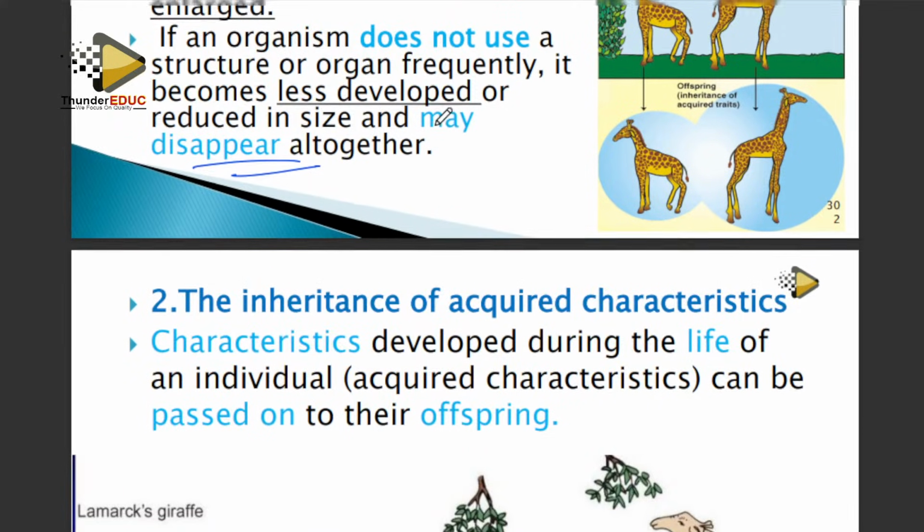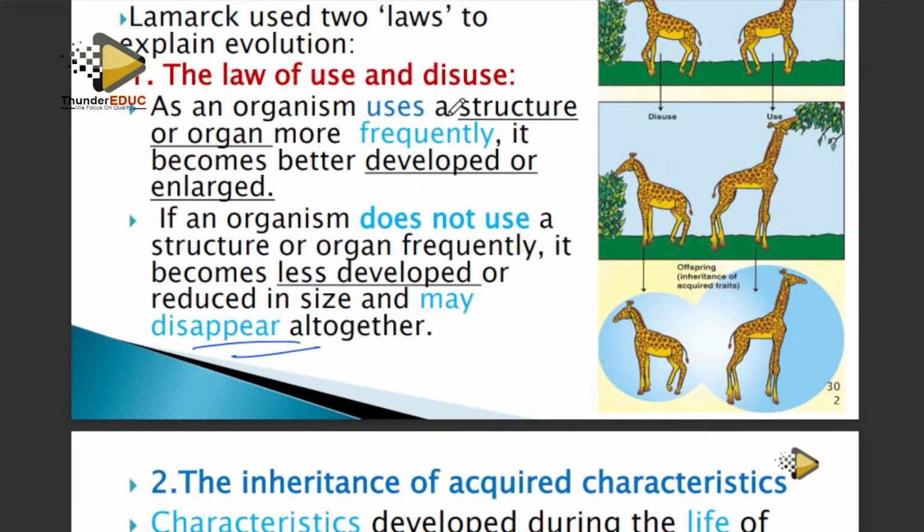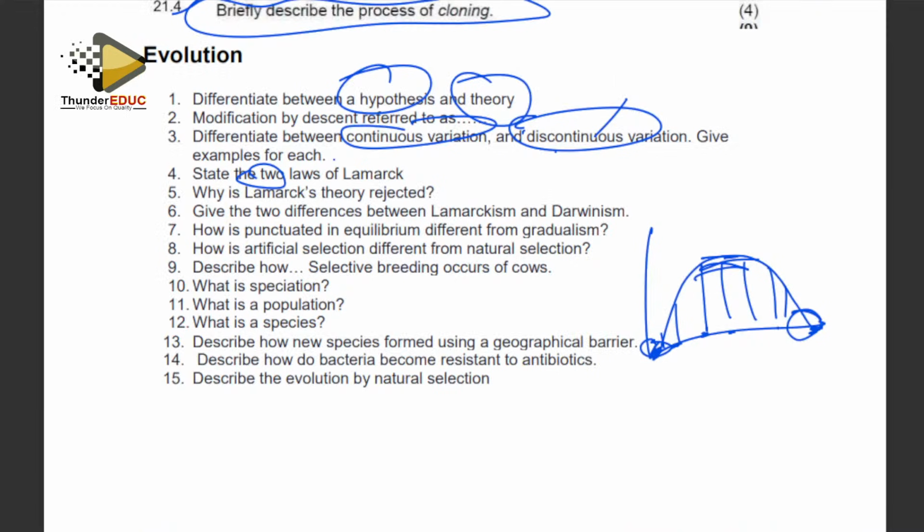They say the second law is the law of inheritance of acquired characteristics. That is that the characteristics developed during lifetime are passed to the next generation. That is the law of inheritance of acquired characteristics.